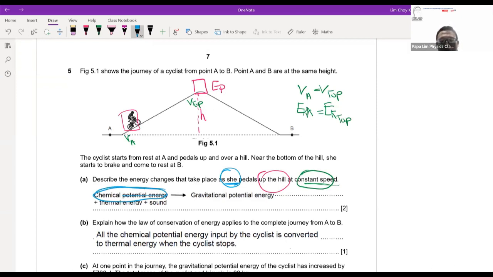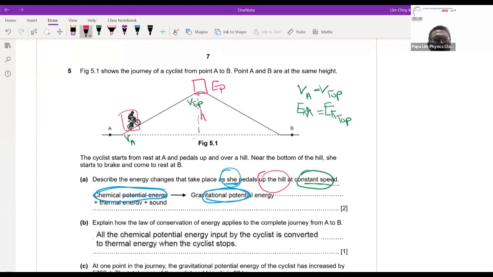After that, I move up to the top of the hill, where no kinetic energy is converted. So some of the energy is converted to where? Some of the energy is converted to the potential energy at the top of the hill. Similarly, when I move up the slope, there will definitely be some work done, some sweating, some sound being produced.